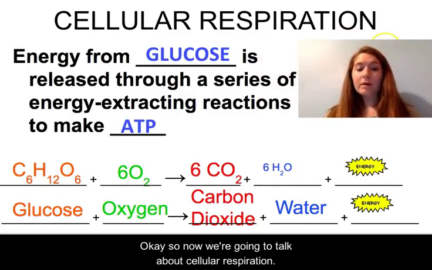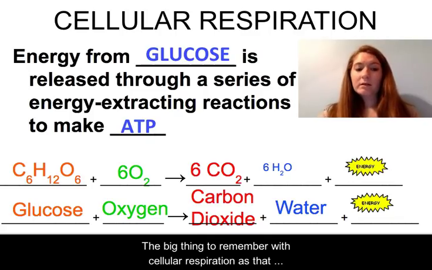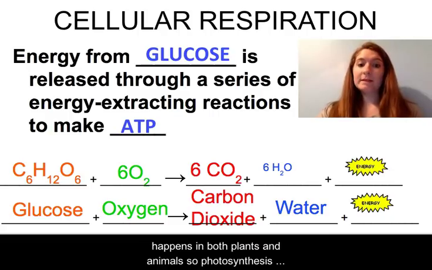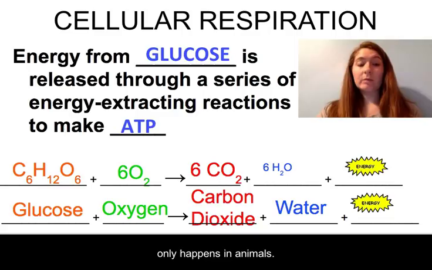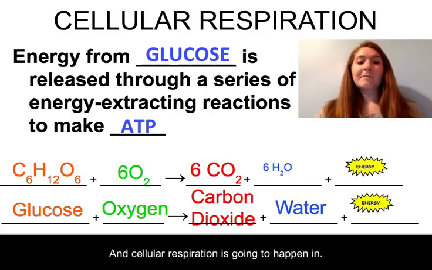Okay, so now we're going to talk about cellular respiration. A big thing to remember with cellular respiration is that it happens in both plants and animals. Photosynthesis only happens in plants, not animals, and cellular respiration happens in both.